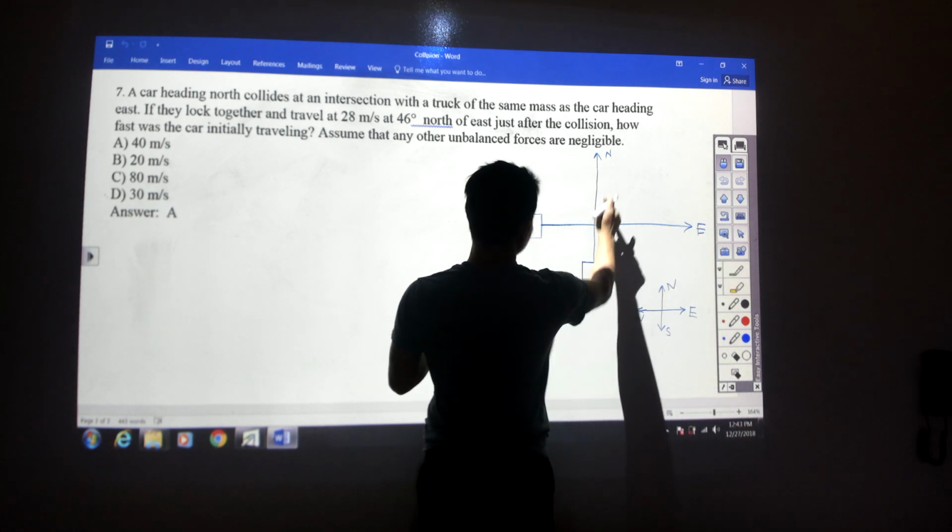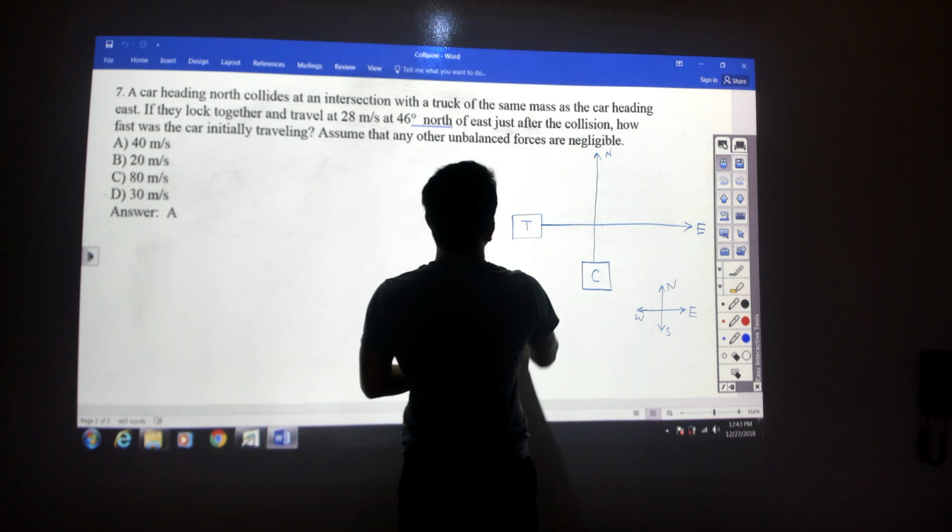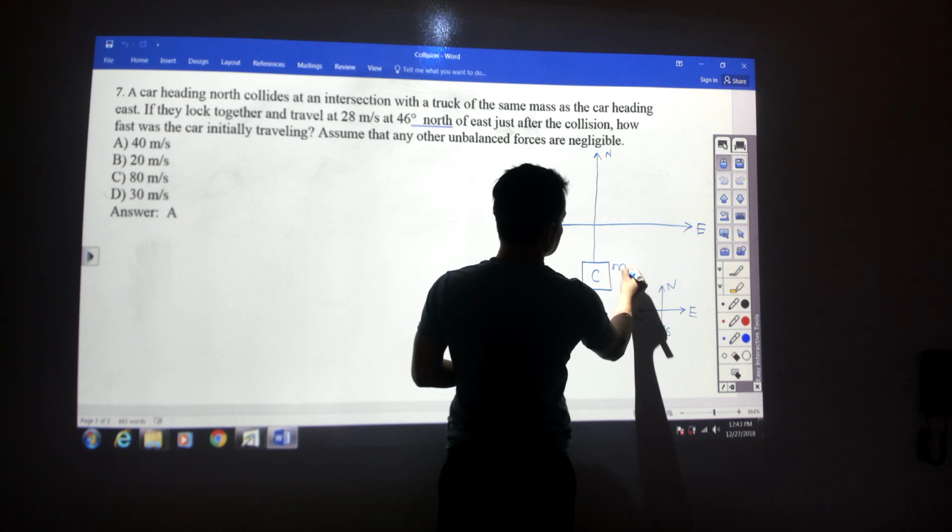A car heading north collides at an intersection with a truck. This is the truck, and both have exactly the same mass.